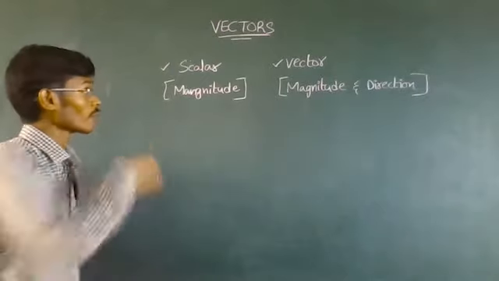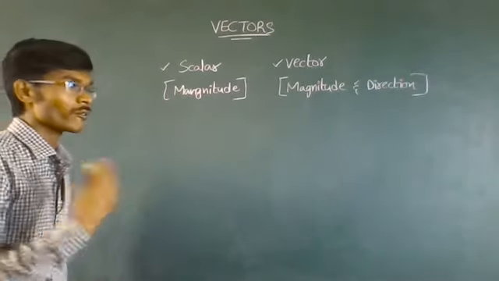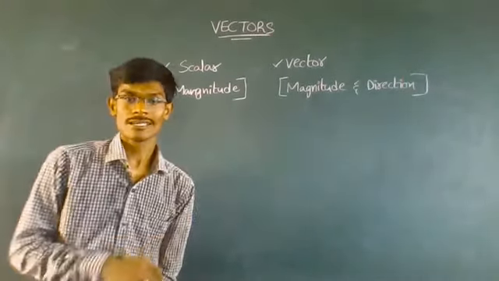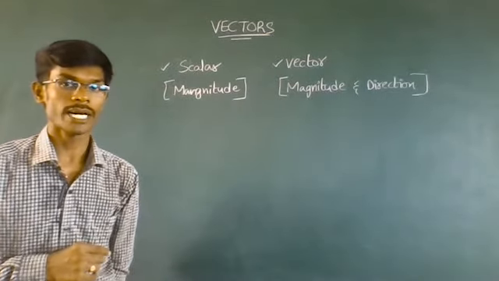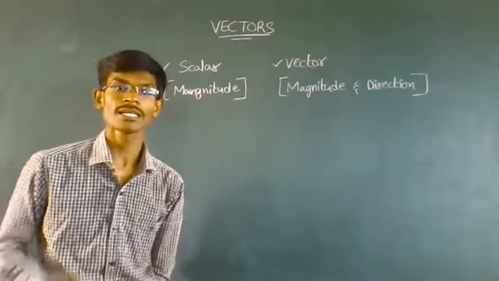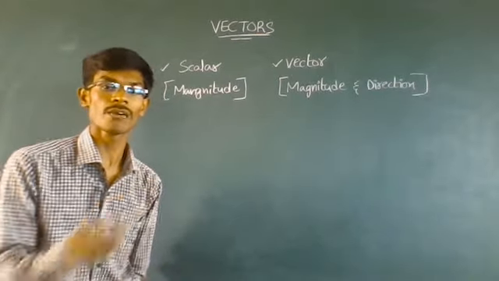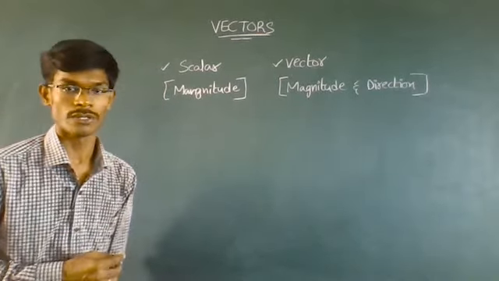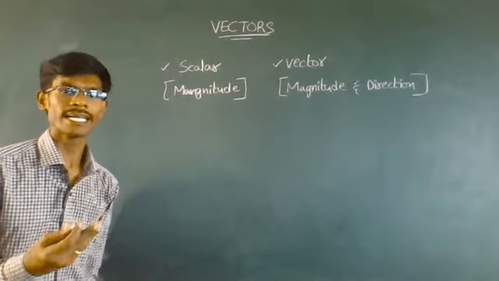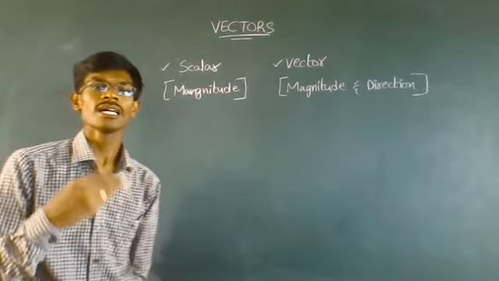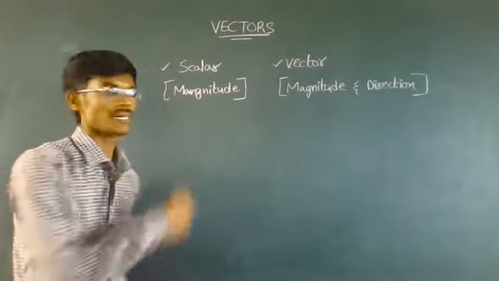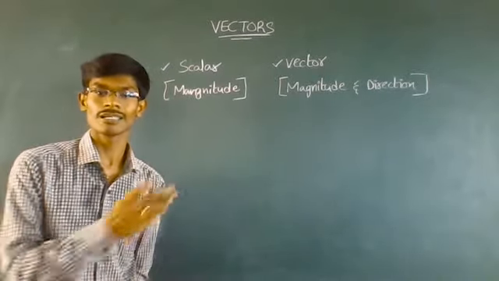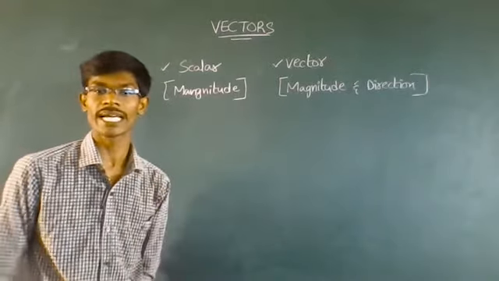In units, we are representing the magnitude of a physical quantity. Magnitude represents the value of a physical quantity. And direction, you already know: east, north, south, west, like these directions we can consider.